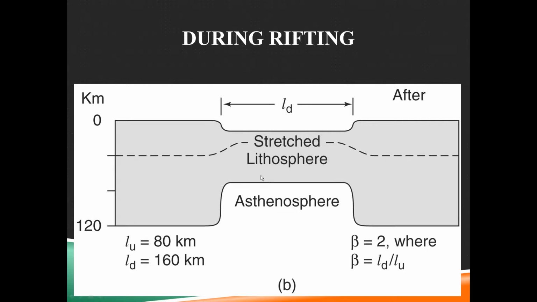It changes where it's floating on top of the asthenosphere. And since it's so much thinner, it doesn't ride as deep. And we have the asthenosphere pushing up, it can't form a gap. So the asthenosphere is rising up under that thinned area.